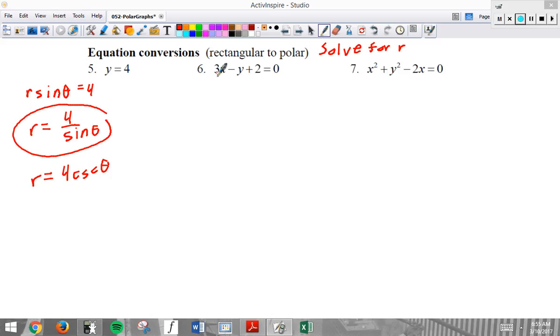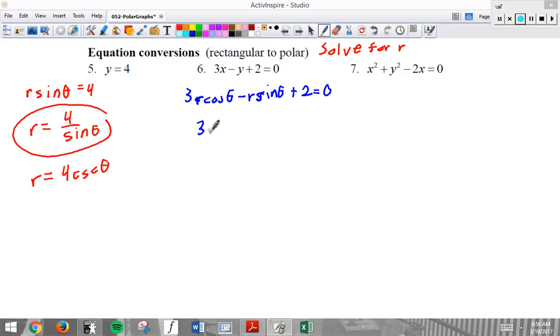Rectangular to polar here. Replace x with 3r cosine theta minus r sine theta, because y is r sine theta, plus 2. Sorry, it looks so ugly. Alright, now this is really hard. I'm going to first move the negative 2. Our goal to solve for r would be to factor out the r. I can't factor out the r until I get the negative 2 to the other side.